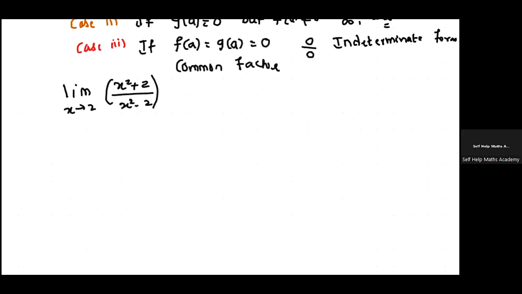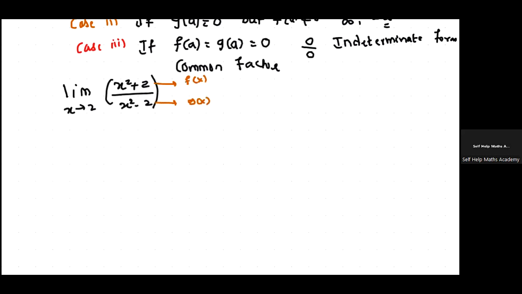Now, there are three cases, so which case does it come under? Let's see. This is in the form of f of x divided by g of x, where this is your f of x, and here this is your g of x.